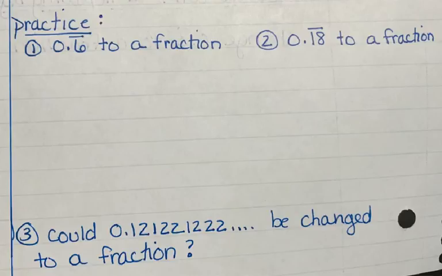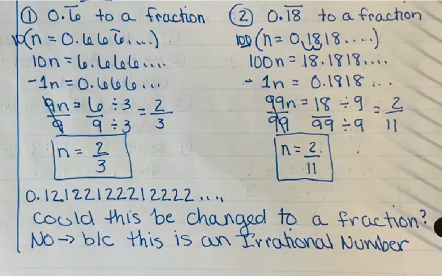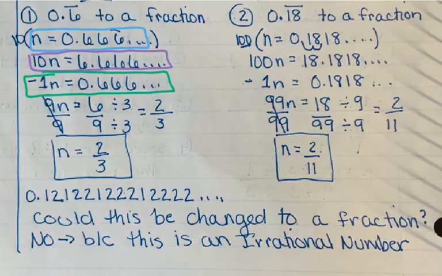All right, hopefully at this time you've taken the time to pause the video and you worked these problems out. So let's see how you did. When I change 0.6 repeating to a fraction, you're going to see all the steps here. We have n set equal to 6 repeating. We multiply by 10. We subtract that 1n, and then we find our fraction.